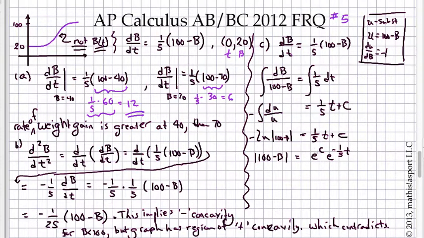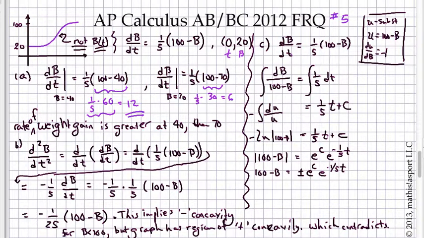I've changed c to -c here, but we continue to change c until we get it into the position we want, just because I moved the negative sign over. Now, to get rid of this absolute value sign requires us to write that this equals plus or minus e to the c, e to the -1/5 t.